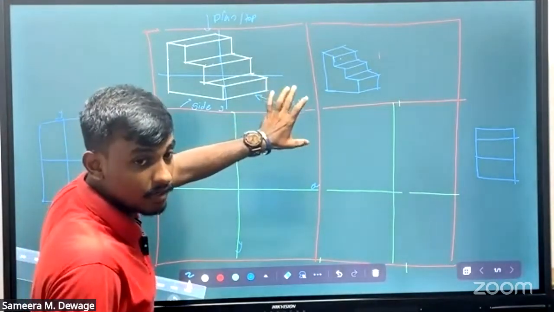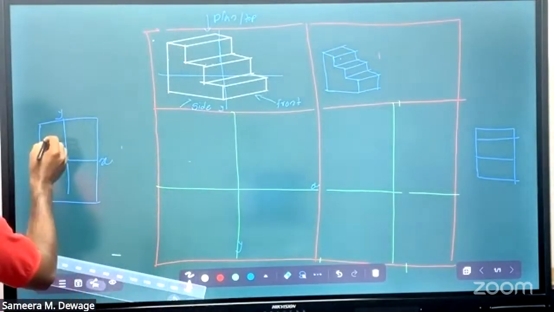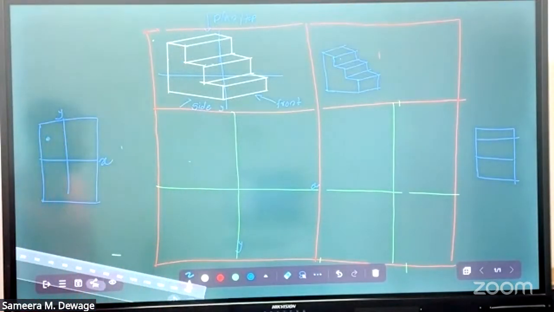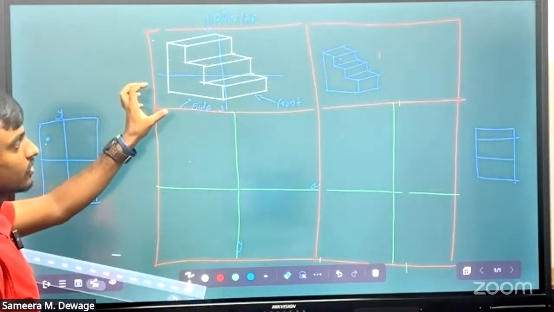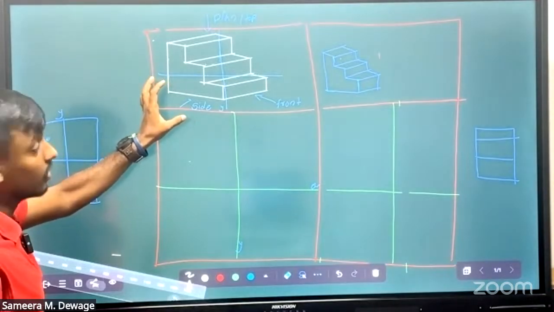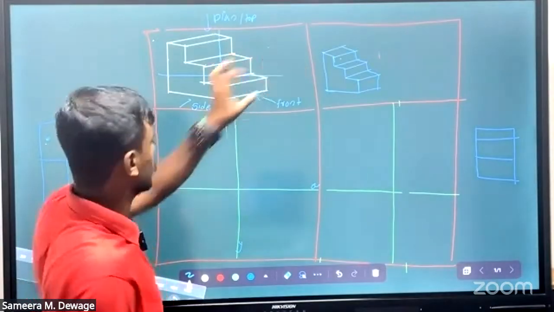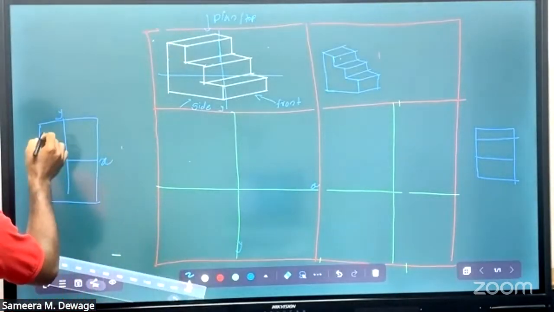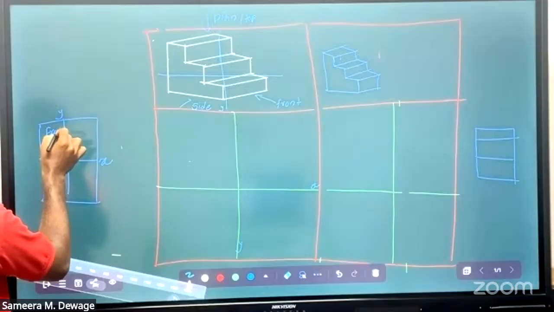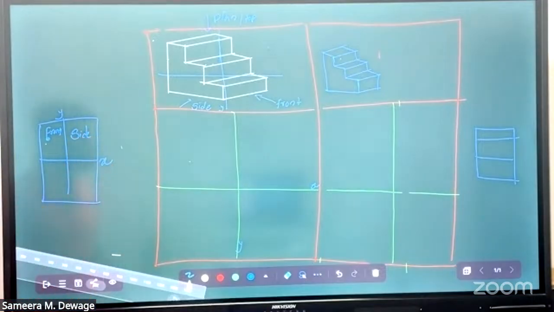If you look at the object from here, your projection image should be placed here. And if you look at the object from here, your projection image should be placed here. This means opposite direction. So this is your front, and this is your side.